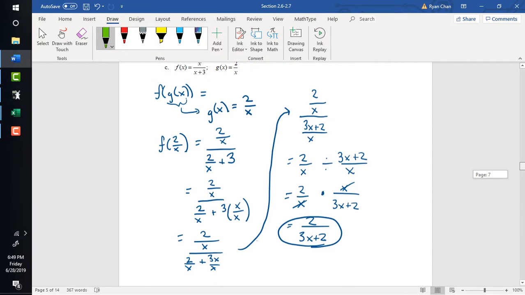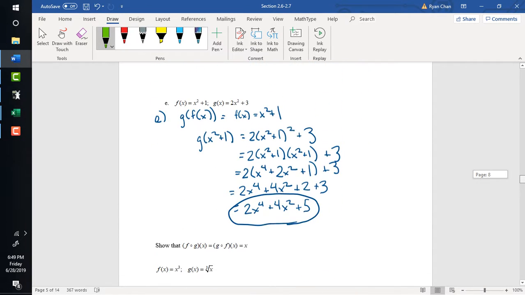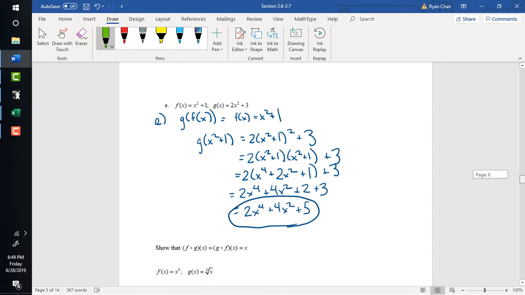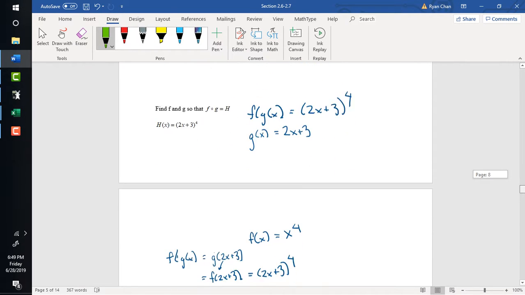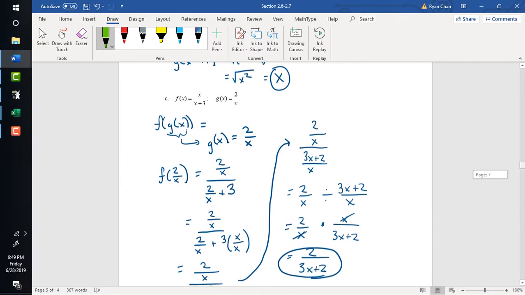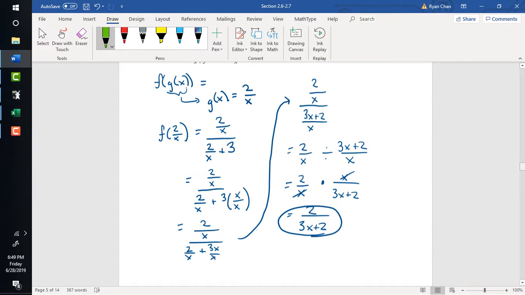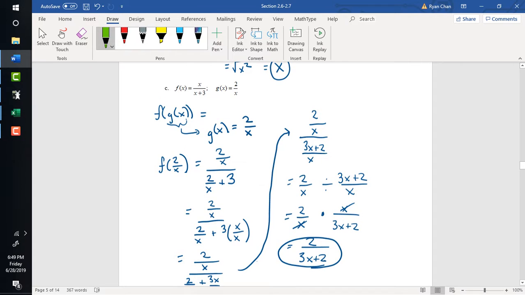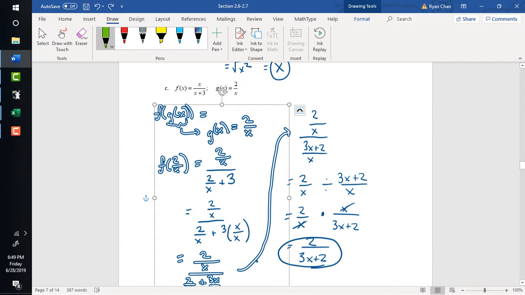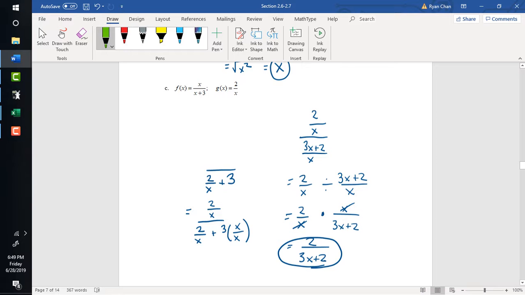Okay, let's look at this one right here, which is the one we've done before. I'm going to erase this, but I want to remember what our composite was.